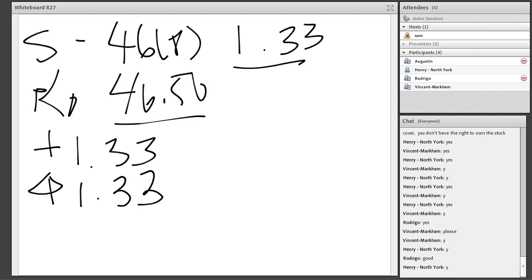Everybody see that? I still only make $1.33 because I sold the option. I didn't buy the stock or anything. I just sold the option. Vincent, you see that? I want the stock to go up, but I'm only going to bring in the $1.33.